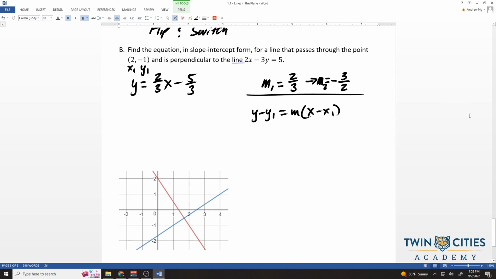Let's fill in everything we know. y minus y1, which is negative 1, is equal to the slope for this perpendicular line, negative 3/2, times the quantity x minus x1. So x minus 2.